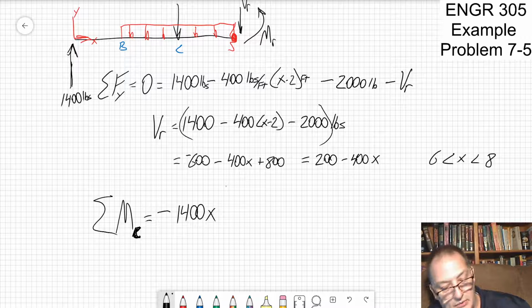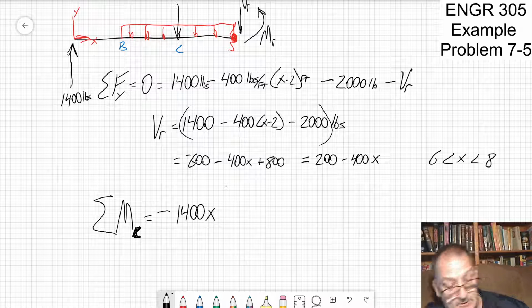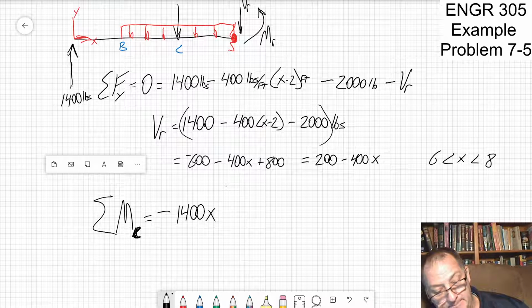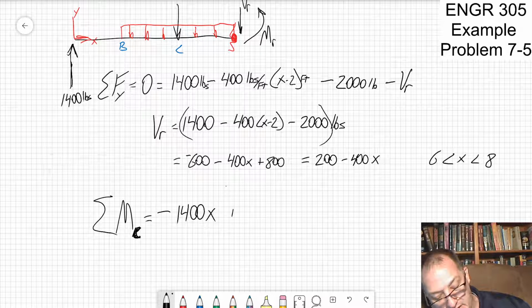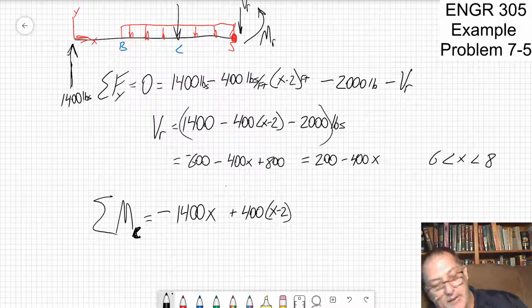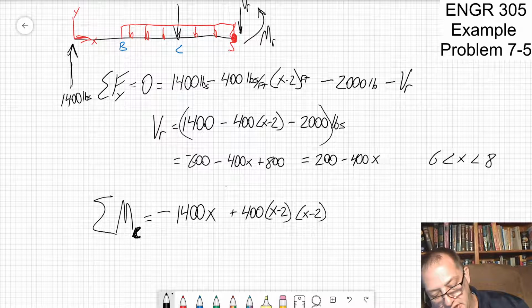And then once I hit B, I start adding this other load, which is going to make it go positive, though. So it's positive 400 pounds per foot times the x minus 2. That's how much of it, wherever I am, it's all of that distance minus the 2 feet. And the distance it's applied is still the x minus 2 over 2.